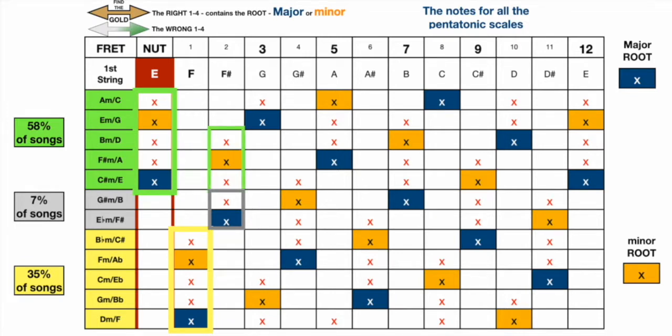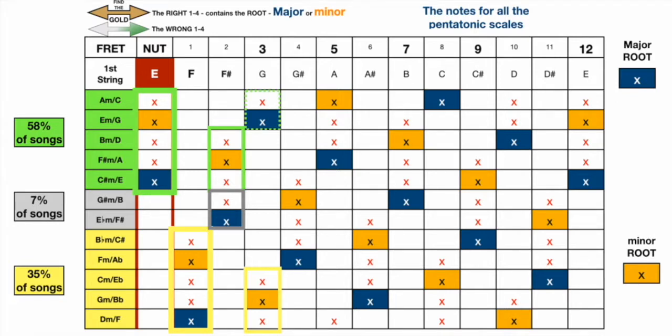Now, with the green pentatonics, you can see 3 of them have the next note 2 notes above the E, so F sharp. The same thing applies to the yellow: for 3 of them, the next note in the pentatonic scale is 2 above the F, or a G note. And the same thing applies to the gray zone.